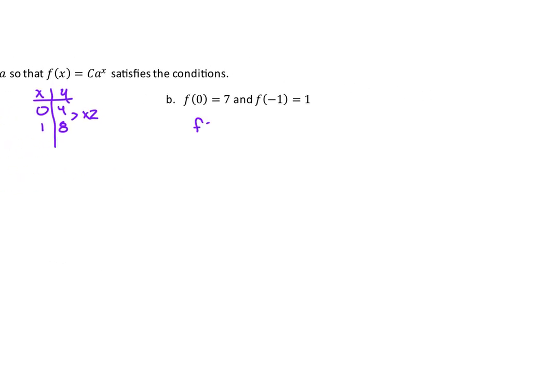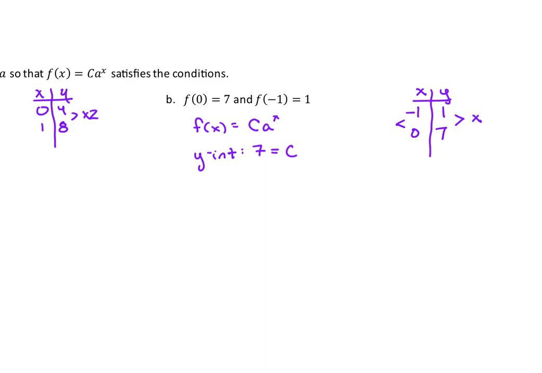All right, let's look at our next one. Again, we want f of x equals c times a to the x. And we do have the y-intercept. Our y-intercept is 7, and so this is going to be our c value. Now we do need to be a little bit careful because we are not given f of 1, we are given f of -1. But the rule still applies. Right here we have -1, 1, we have 0, 7, and as x increases by 1, how are we increasing the y?